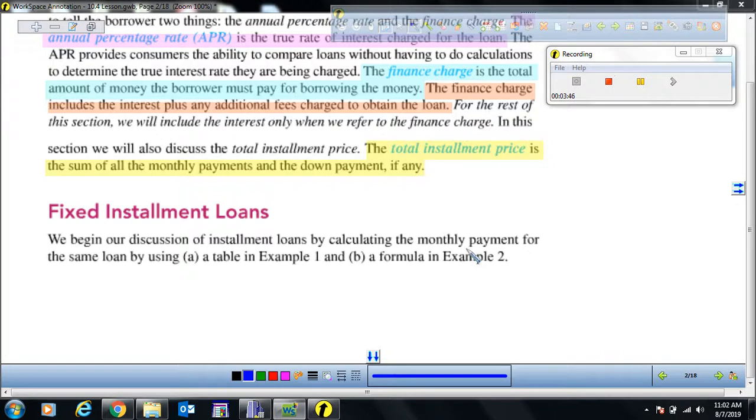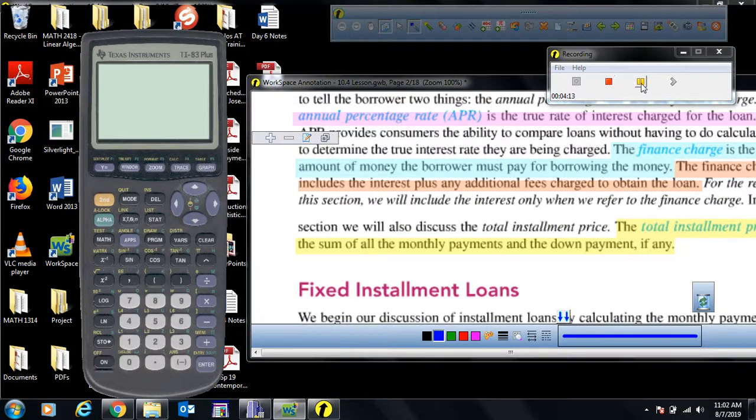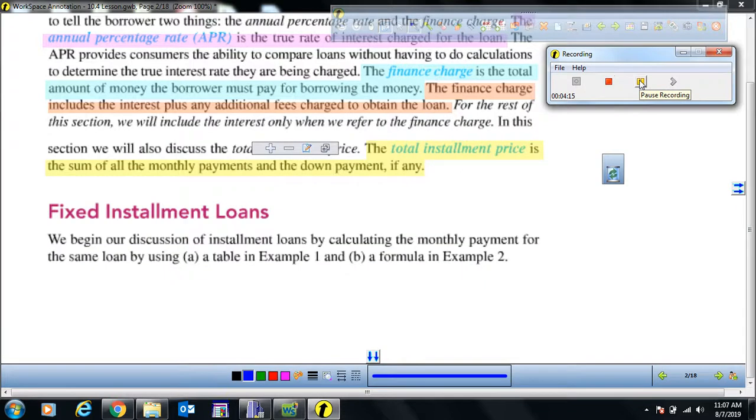So we should get the same thing. Example 1 and example 2 are the same problem, just done differently. In example 1, we're going to use a table to answer the question, and in example 2, we're going to use a formula, and both should give us the same answer.